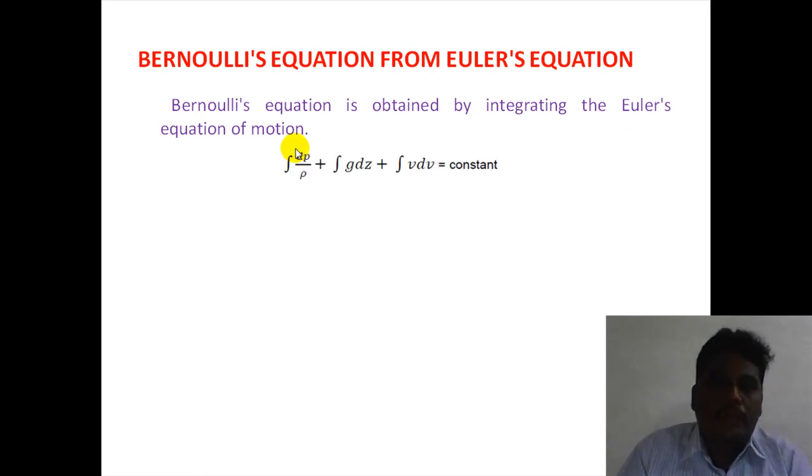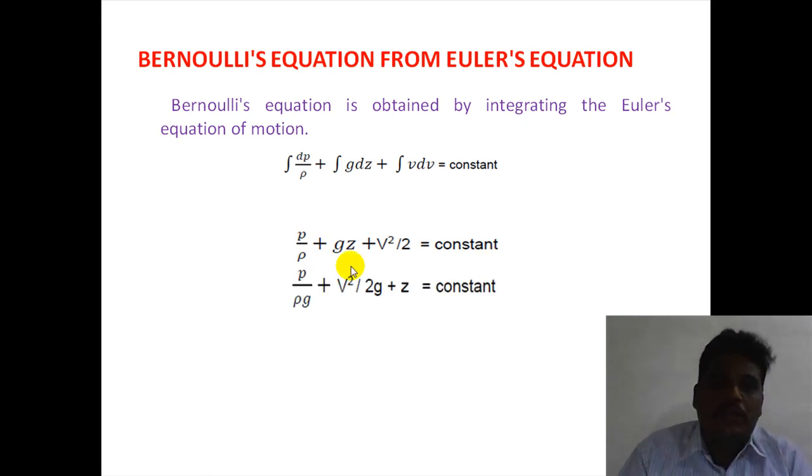Now dp by rho plus g dz plus V dV is equal to constant. Whenever it is equal to 0, the integral of 0 remains constant. Now 1 by rho is taken out as constant. The integral of dp is p by rho, g into dz gives gz, plus V square by 2 is equal to constant.